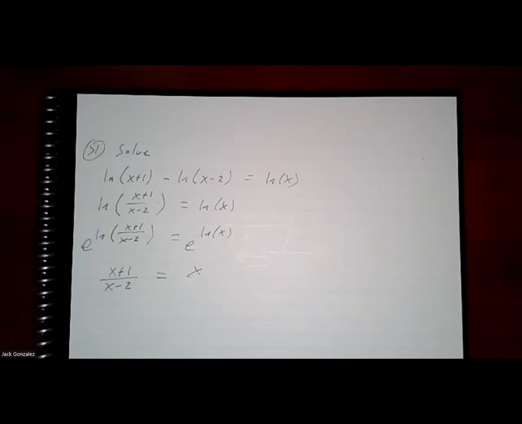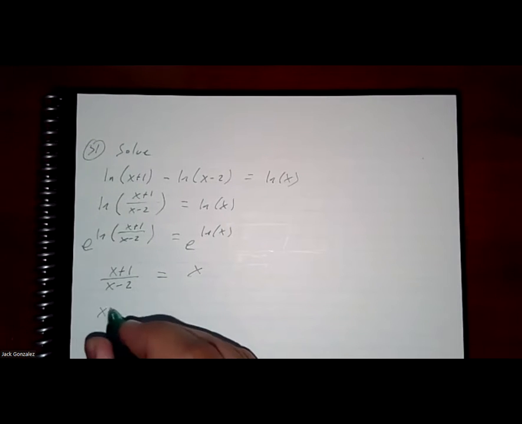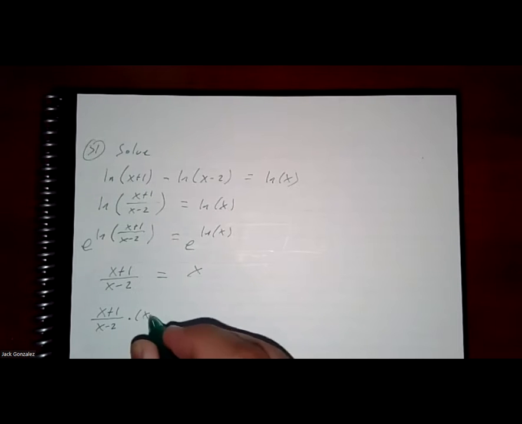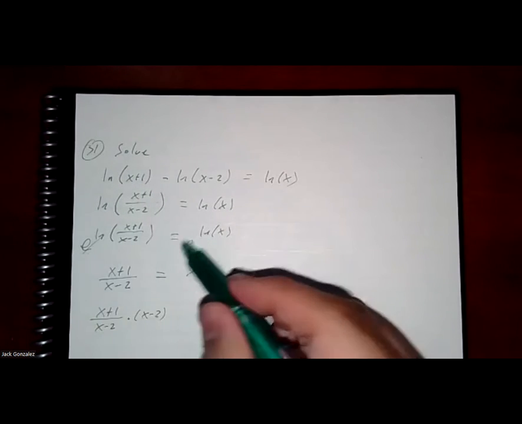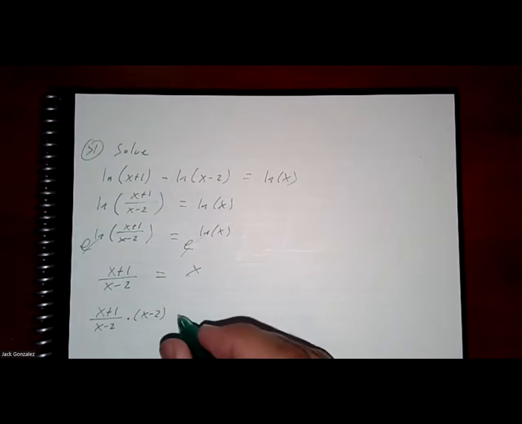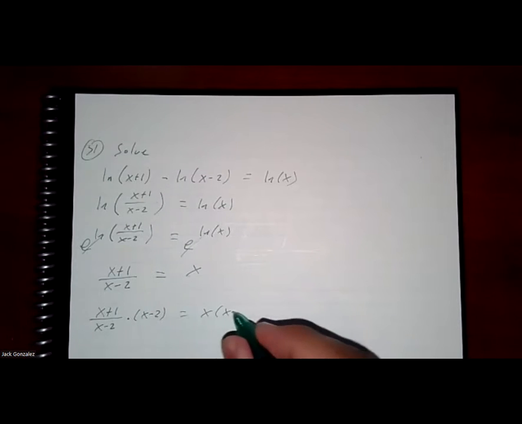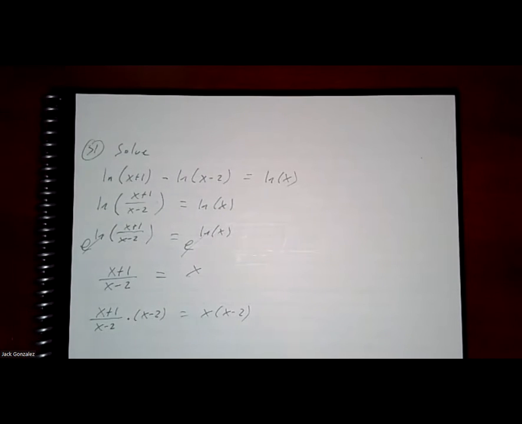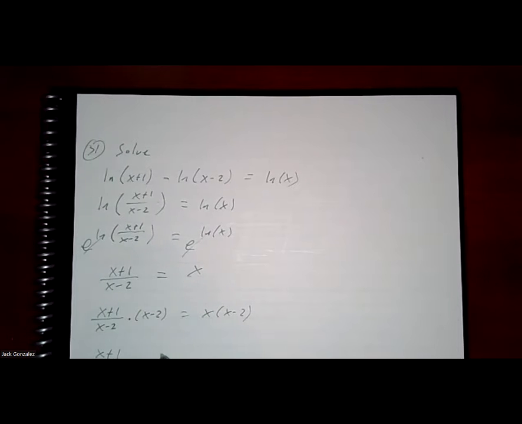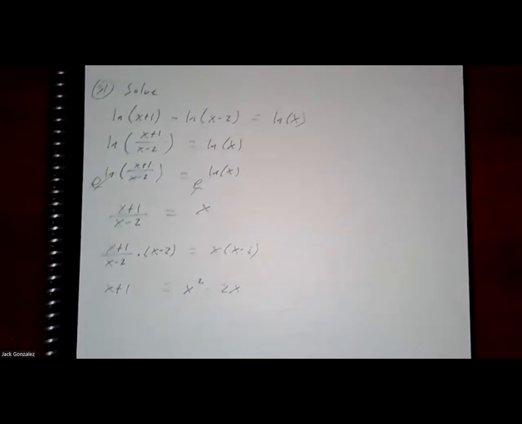Multiply both sides by x minus 2. So these will cancel, right? Don't forget x times (x minus 2). That'll get us to x plus 1 equal to x squared minus 2x.